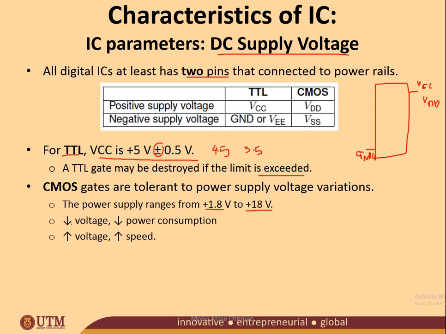As voltage is decreased, so does power consumption, okay. I think you guys know this, right? You can imagine from this equation, if your V is decreased, your power is decreased, okay. I think you can relate to this. If the voltage is increased, so does the speed, okay.